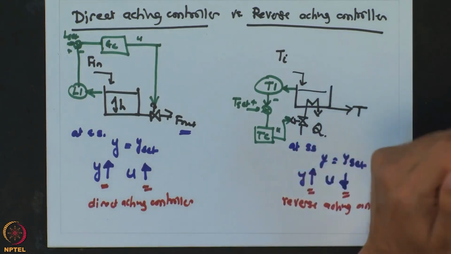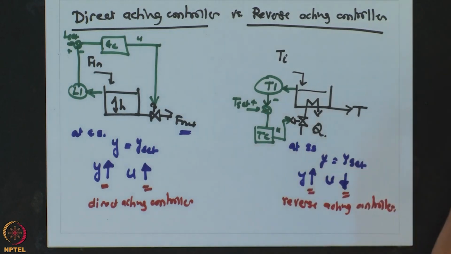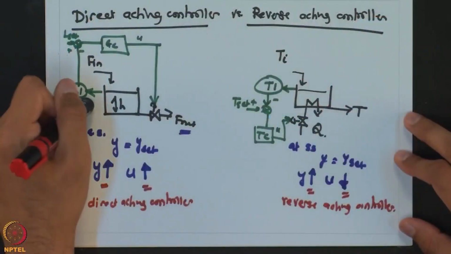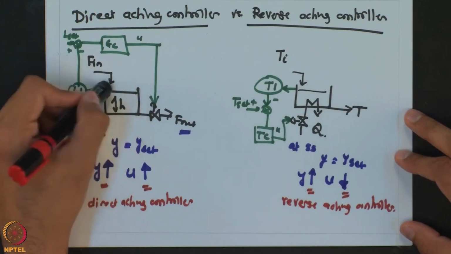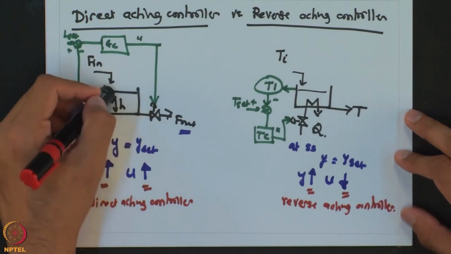It is very essential that you know what is the type of action of the feedback controller, whether it is direct acting or reverse acting. If you use a reverse acting controller to control this particular process, you will realize that the level will never be maintained by any type of feedback controller.